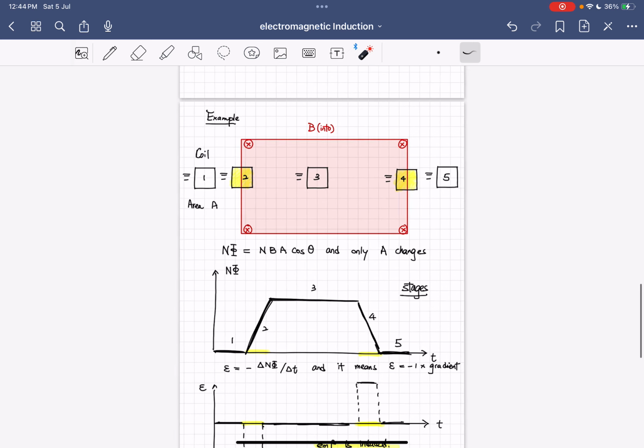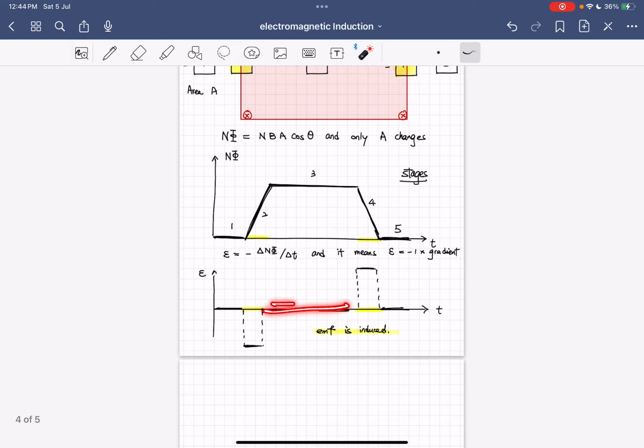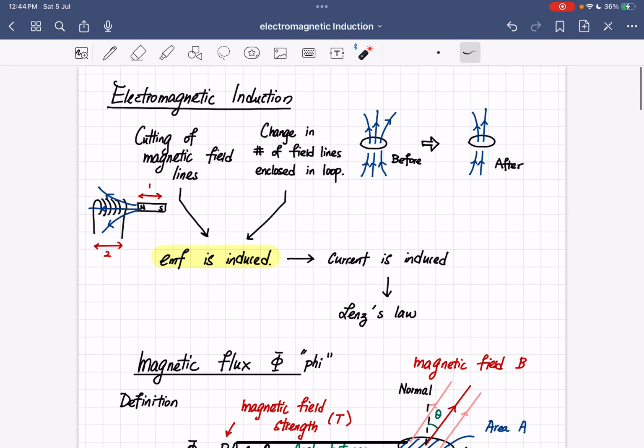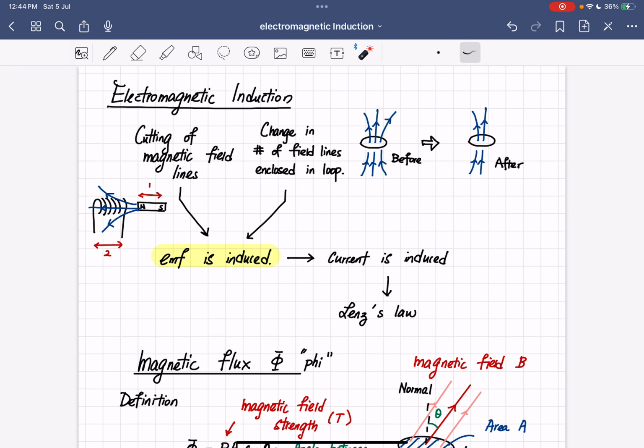So that's why we find this result, there's no EMF induced in stage 3. So you can say that cutting magnetic field lines is actually not a very good interpretation, although it's easy to understand. That's why we also introduced it, but it's not a complete picture.